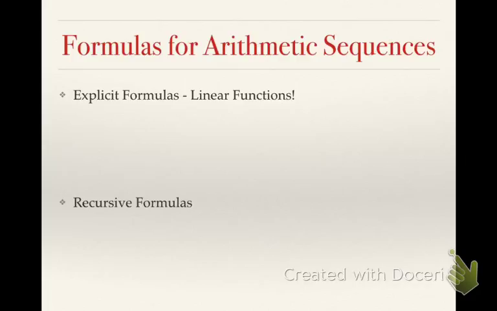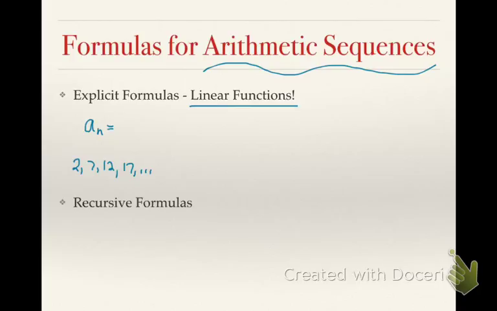Now, an important thing to point out with the arithmetic sequences is that there's a very close connection to linear functions. In the explicit formula, you always need to have the first term and then the common difference. So let's say I have the sequence of numbers 2, 7, 12, 17, and so forth.